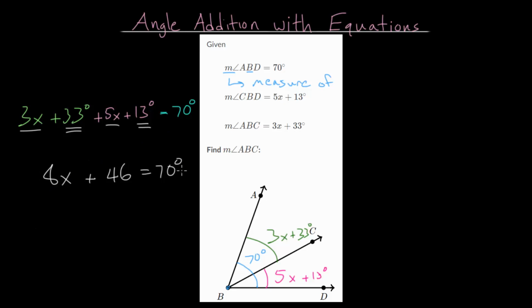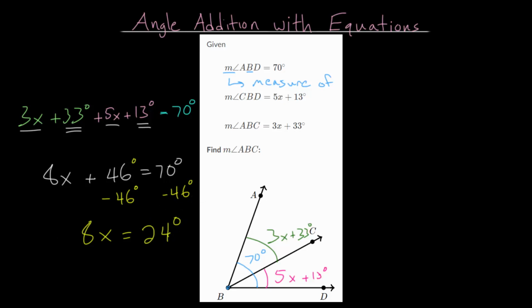So we now have a two-step equation. And we want to cancel out the addition first, since we want to cancel out the simpler operations first. So we'll subtract 46 degrees on each side so that we get 8x is 70 minus 46. If we take away 40, that's 30. Taking away 6 more brings us to 24 degrees.